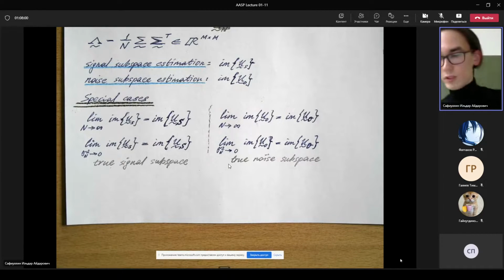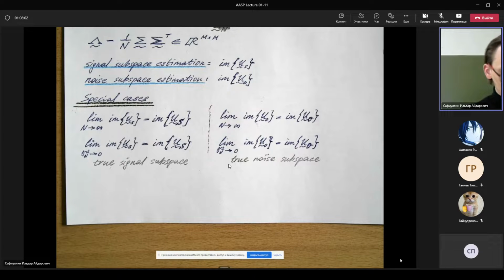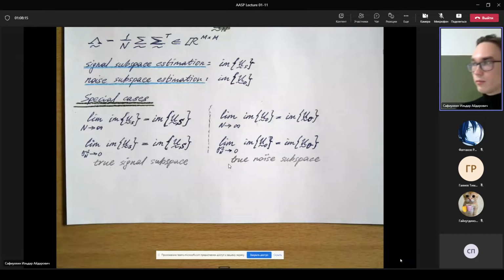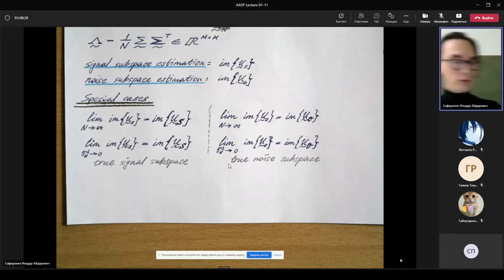And then I will give you an estimation of the model order D, but we already have all these things, but we talk about this thing using pencil.